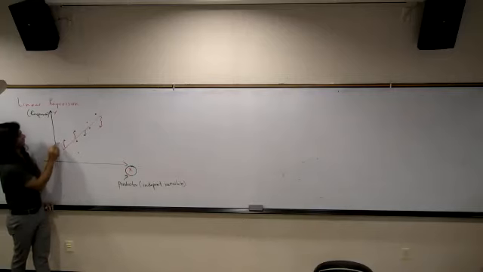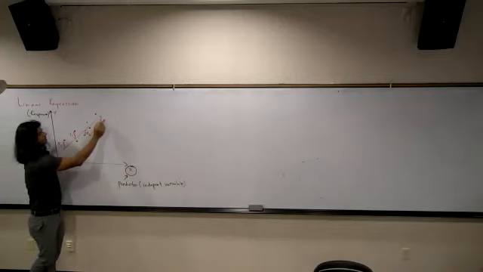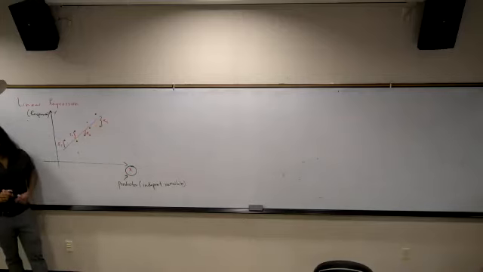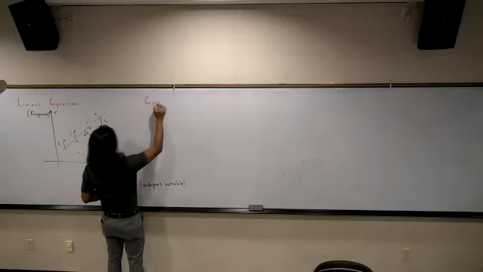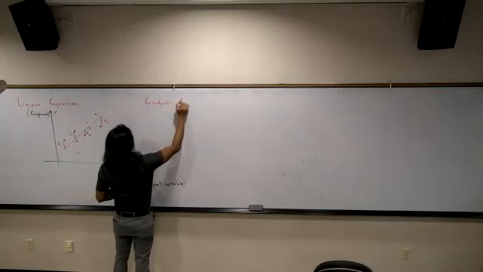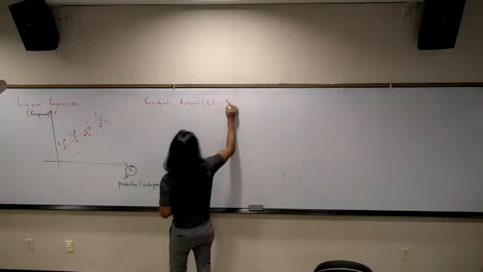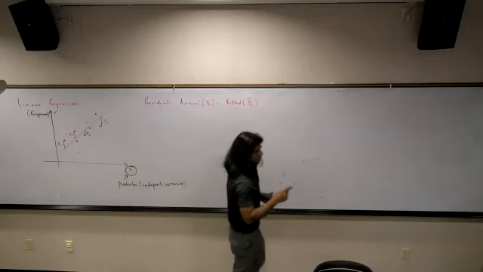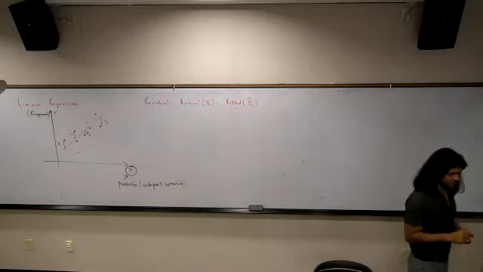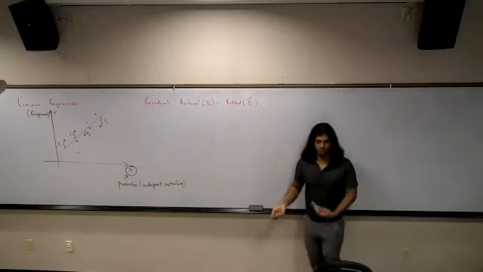Each of those epsilons, that is what we call a residual. Residual is the actual value that you observe in the data minus the fitted value that you get from the model.